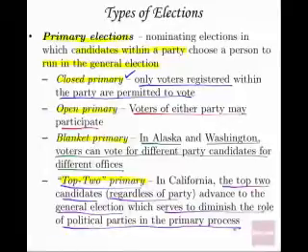But one of the obvious disadvantages is that come general election time, you lose the voice of that second party, and also third parties. They're not even participating because now it's the top 2. So obviously there are some benefits to having a top 2 primary system, but there are flaws. One major flaw is that you no longer have the voice of the other party in the general election.